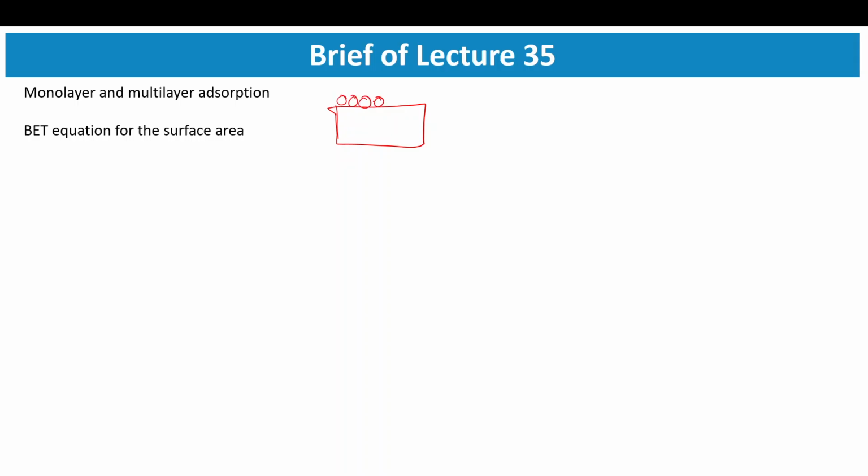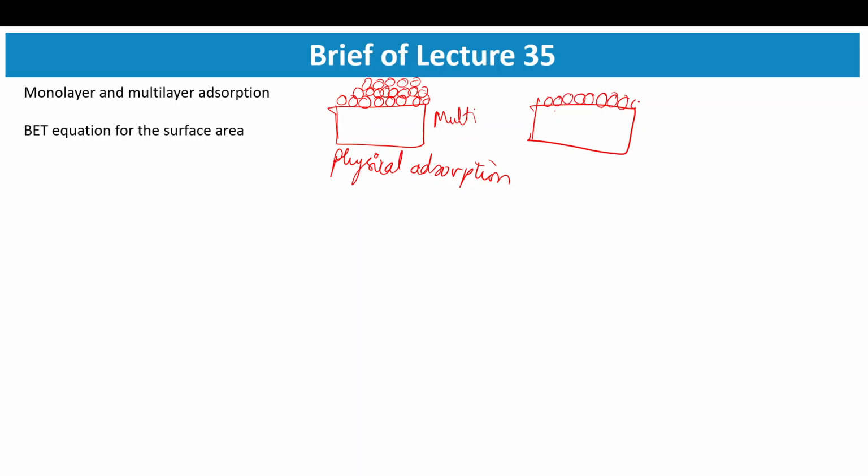Multilayer is usually because of physical adsorption, where the pollutant can even adsorb on other pollutant molecules. For monolayer you have only one layer, usually for chemisorption.